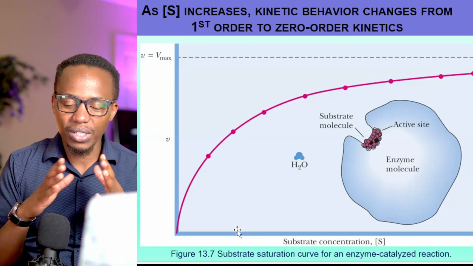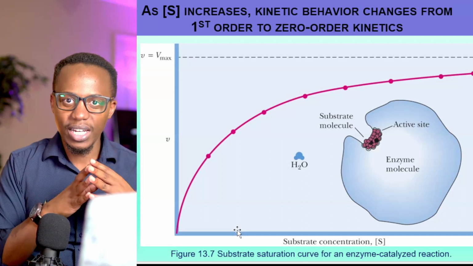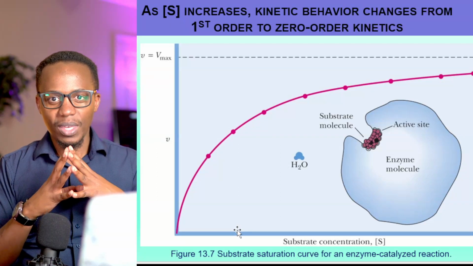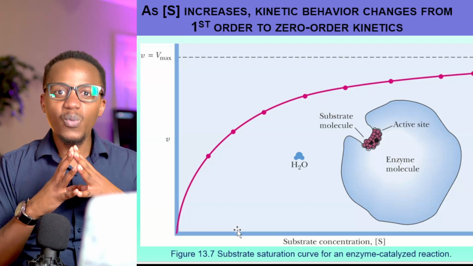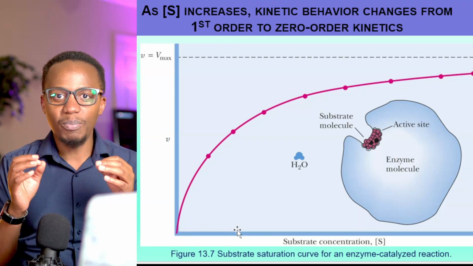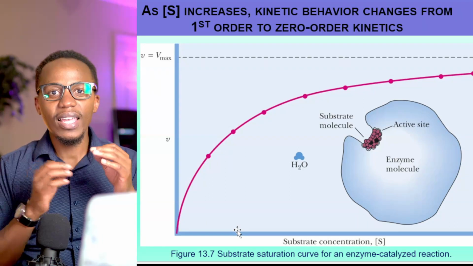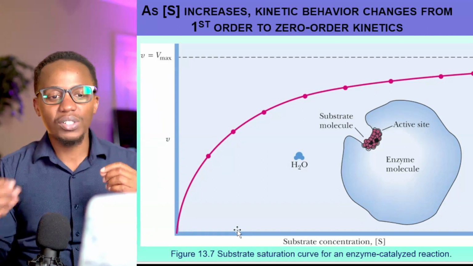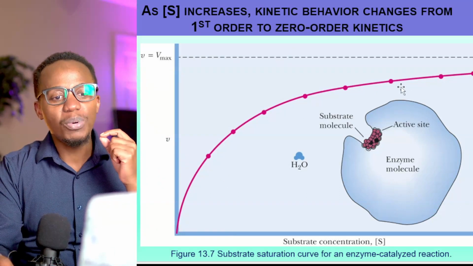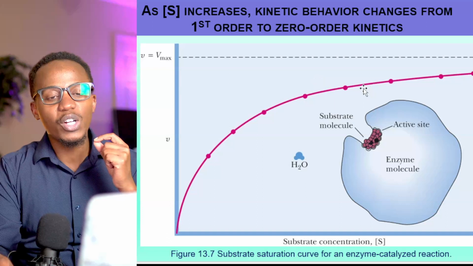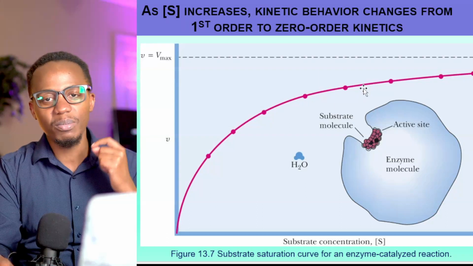The first order reaction increases linearly. And then when the enzyme gets to a certain point, it gets to a zero order reaction because the rate is not increasing, the rate is maximum.